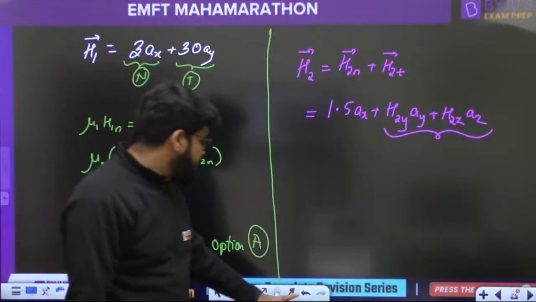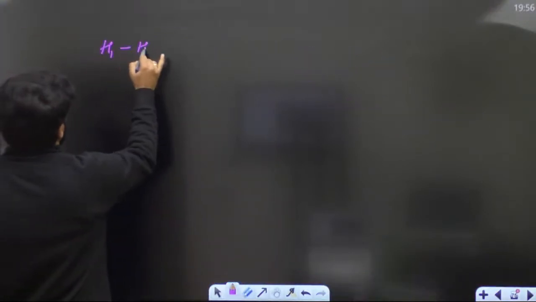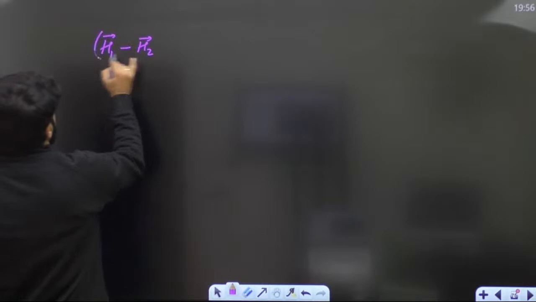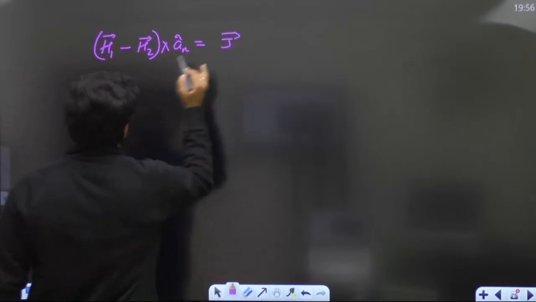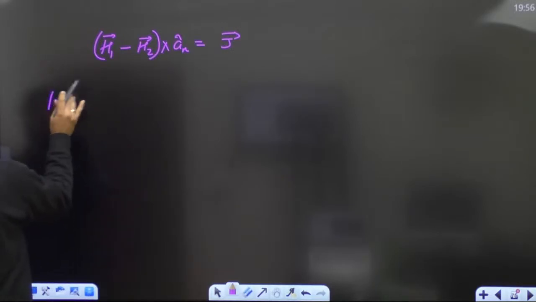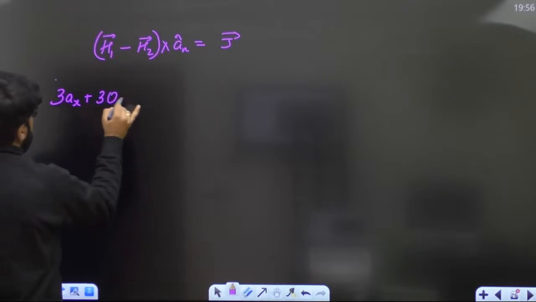How to find this tangential component? For that, what do we need to do? Now I am going to use the next boundary condition: (H1 minus H2) cross AN is equal to the surface current. What is H1? H1 total is given to me: 3AX plus 30AY.